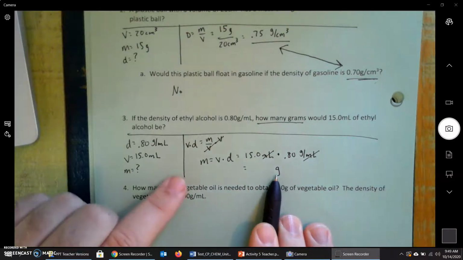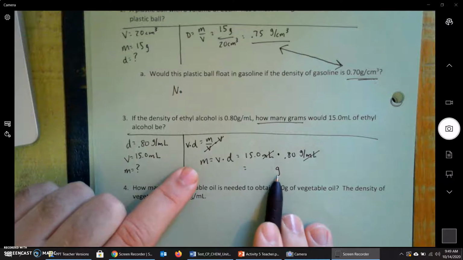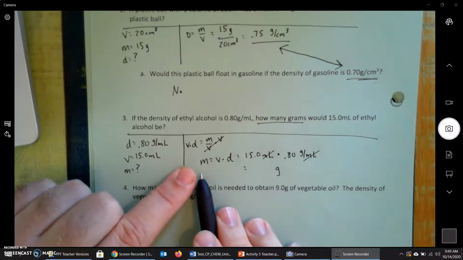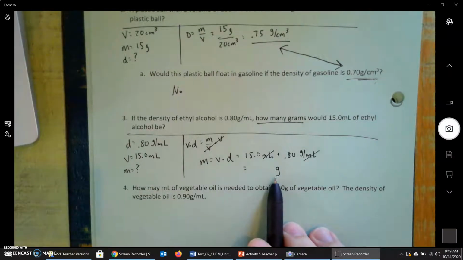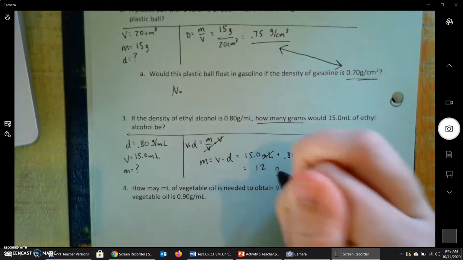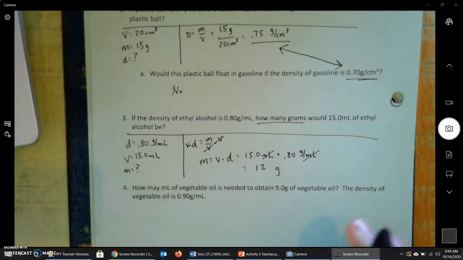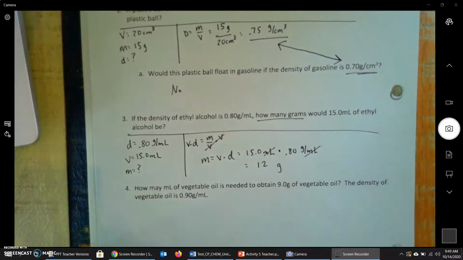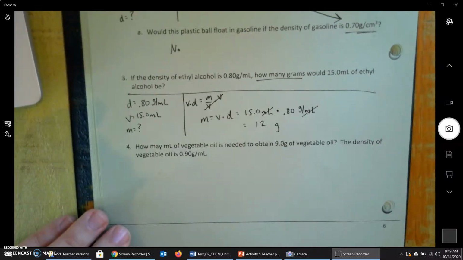Now does that make sense? It does, because gram is an acceptable unit for mass. Alrighty. So now we can plug our numbers into the calculator. So we do 15 times 0.8, and you should get 12 grams. All right, we got one more to get through before we hop into a slope practice problem.